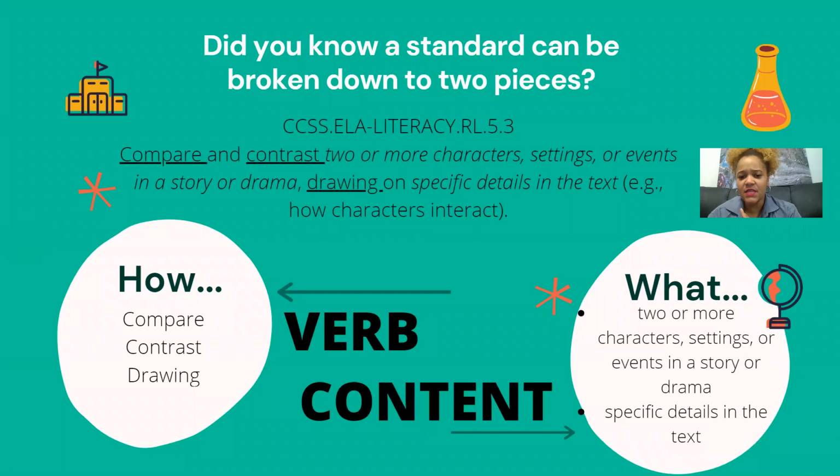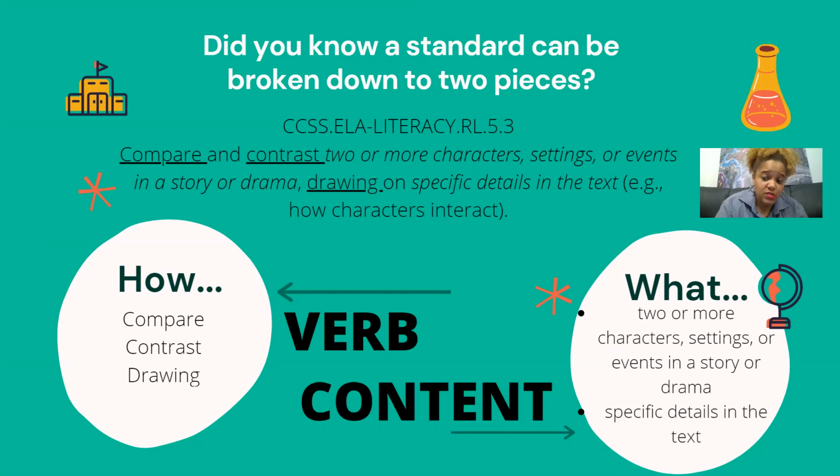So in this case, the what is that they have to be able to know the 2 characters or more, the settings or the events, and then the details. That's the skill that they have to be able to go into a novel or book or text and find that information out. Well, when they find that information out, how do they use that information?